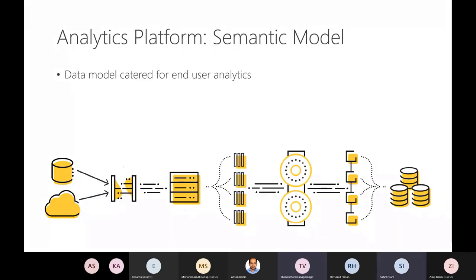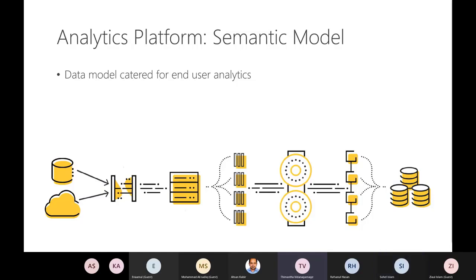This is the most important aspect of an analytics platform, because this is what is exposed to the end users for their analytical purposes. So this is something that really should be paid attention to.